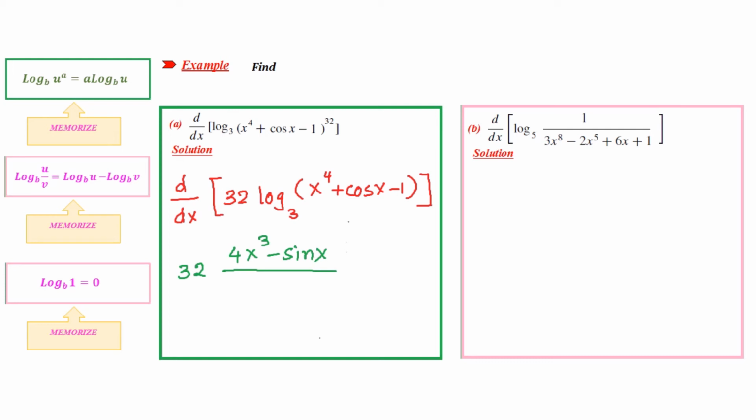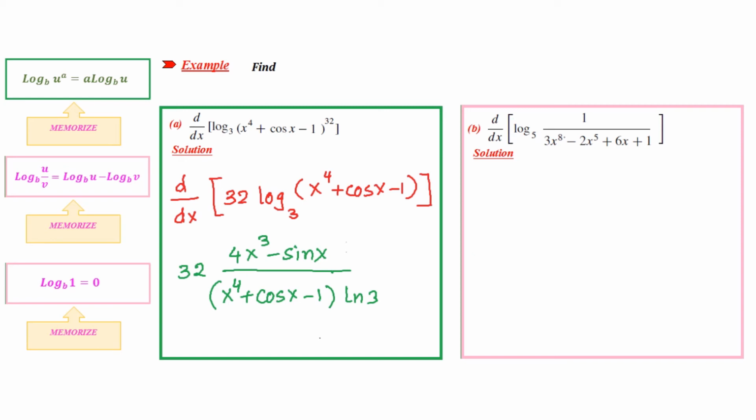The derivative of negative 1 equals 0 because negative 1 is a constant. Divided by the inner function, x to the power 4 plus cosine x minus 1. Then you have to multiply the denominator by ln of the base, which is ln 3. And this is the final answer.